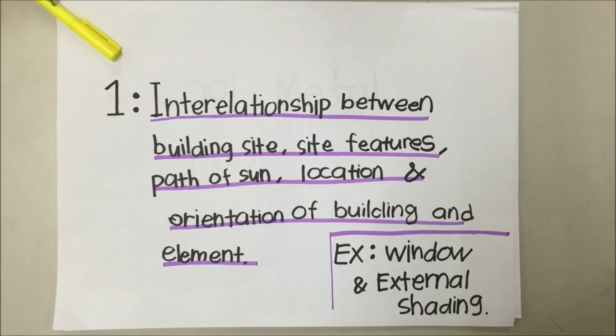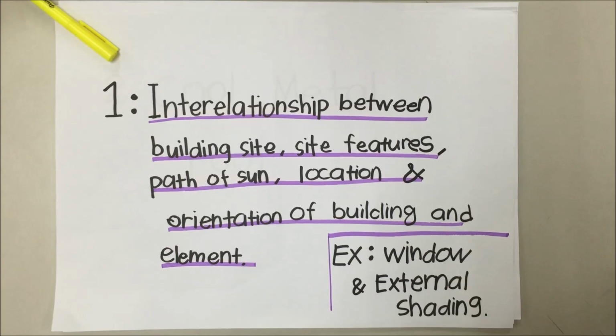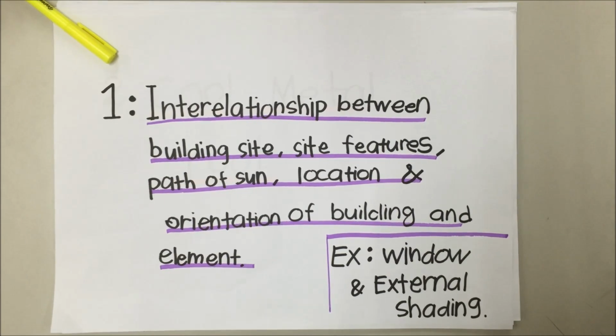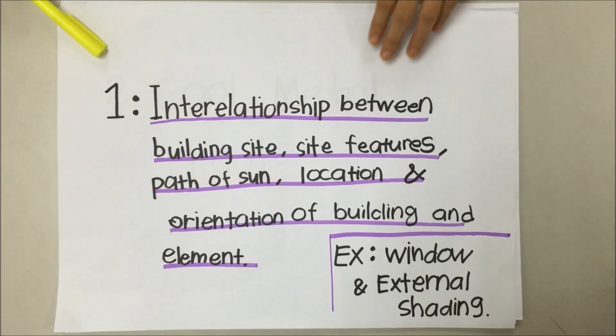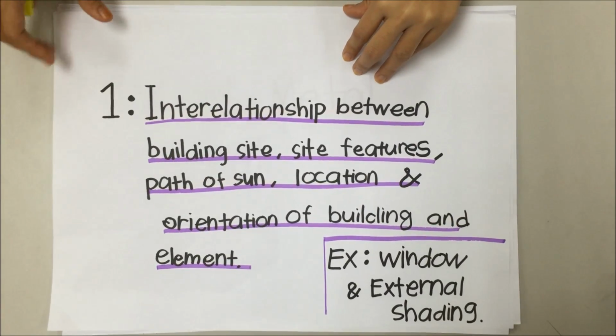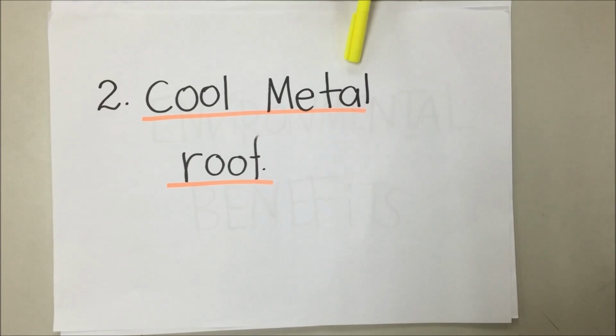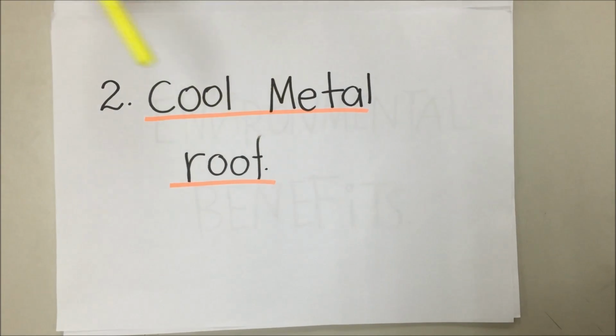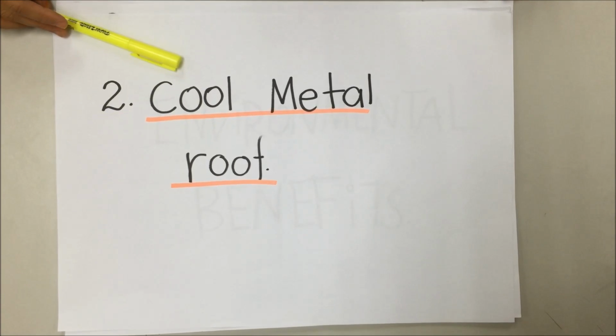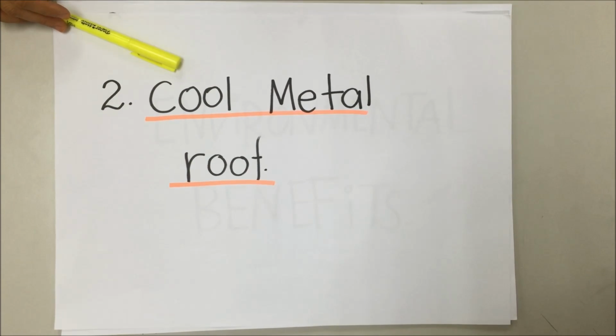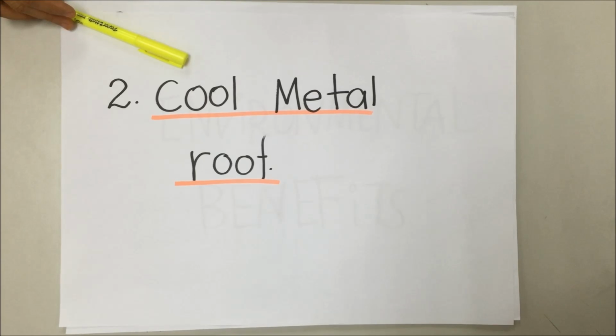Besides that, another application can be seen through the roof structure of a building. Cool roofing is defined differently by the various performance criteria in the codes, standards, and incentive programs. In general, a cool roof is one that has relatively high solar reflectance and a high thermal emittance.